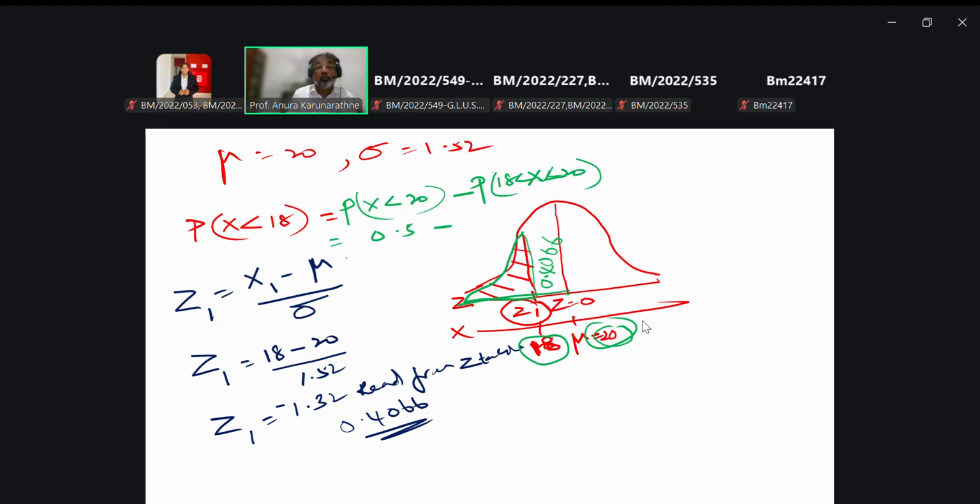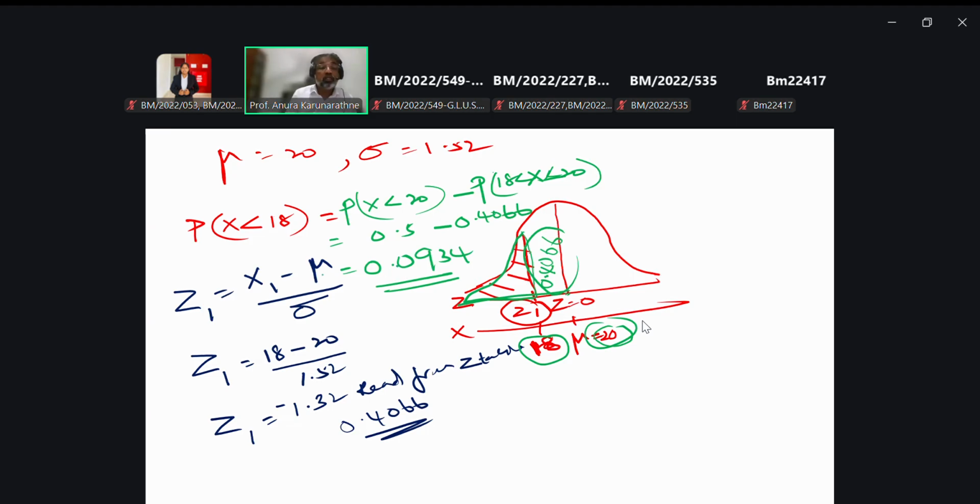So your answer is here: 0.5 minus 0.4066, which is 0.0934. That is the answer.